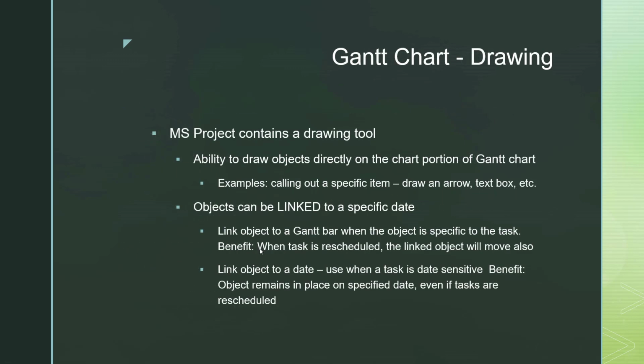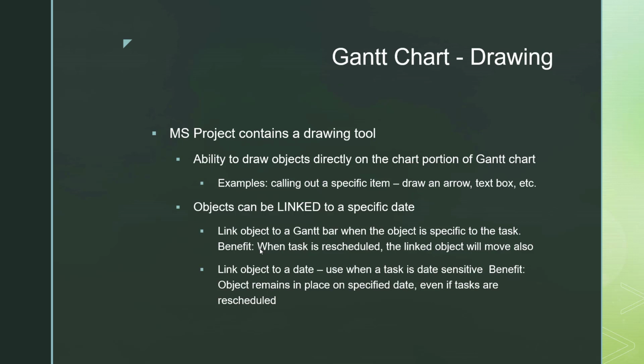Another thing that is very nice in the Gantt chart is using the drawing tool to draw objects directly on that right side. So that could be an arrow, a text box, a circle, a callout, and then you can link these objects that you draw to a specific task.